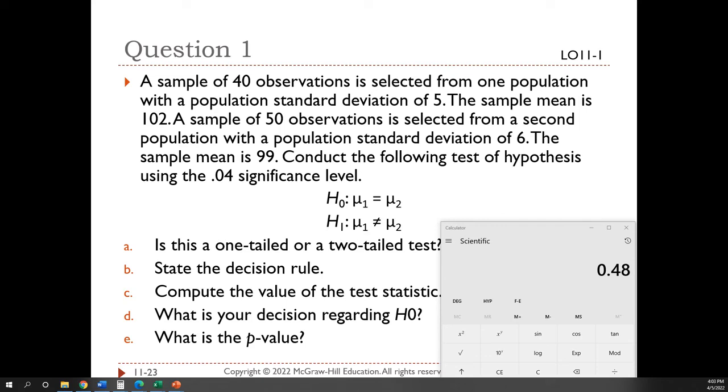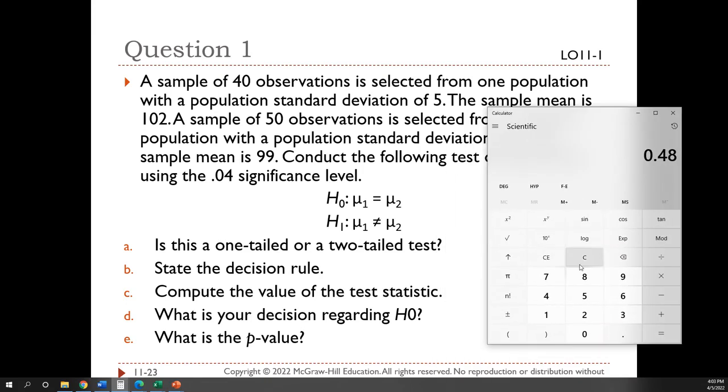So let's get our calculator out. We're going to take 1 minus 0.04, which gives us 0.96.